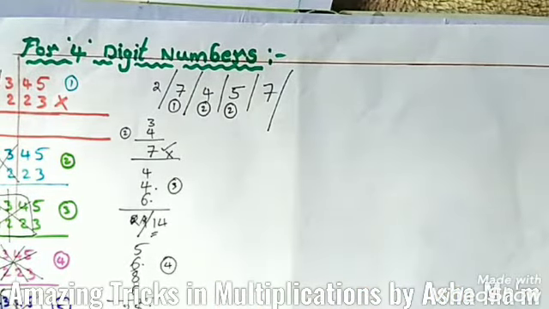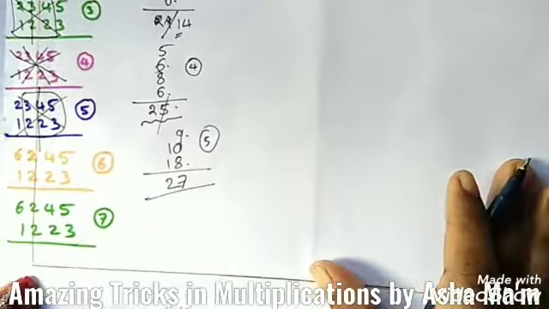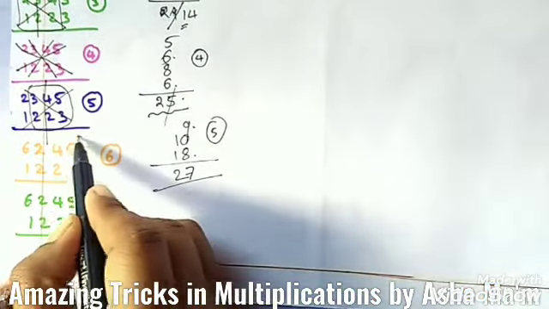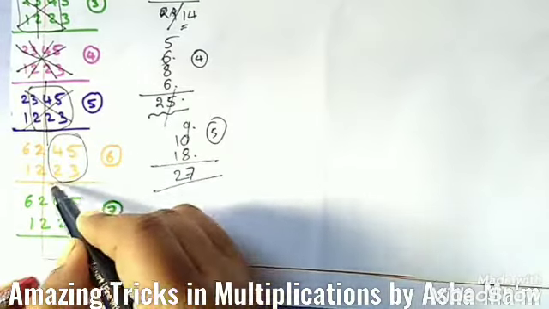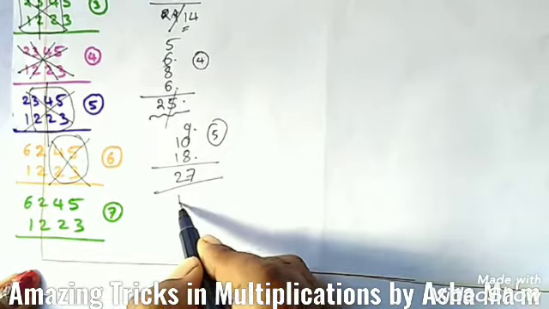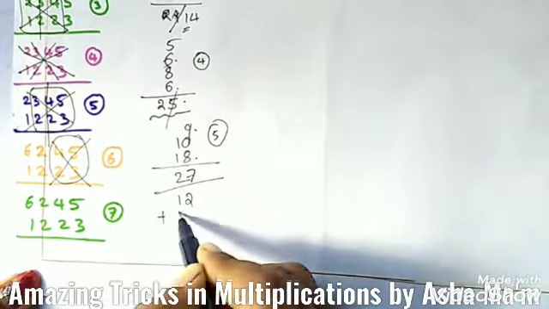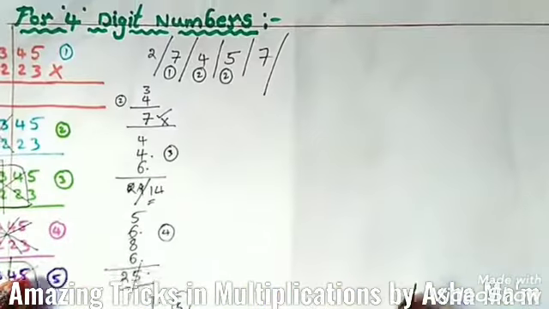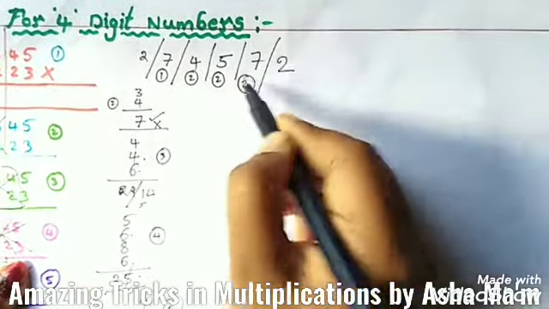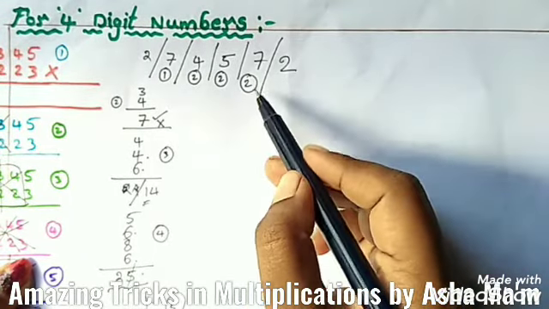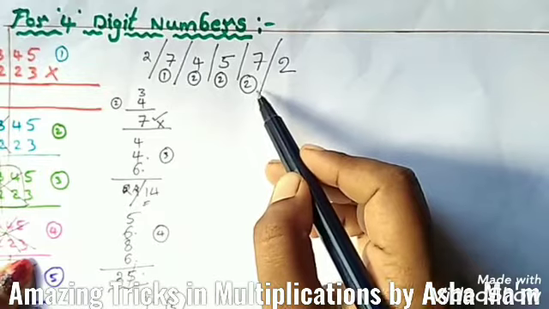Simple. This is about rule number 5. And coming to rule number 6, what we have to do? You have to consider these 2 numbers, then just do simply the cross multiplication. 4 3s 12 plus 5 2s 10, so 22. In this 22 you can write here 2, and this 2 should be below the 7.